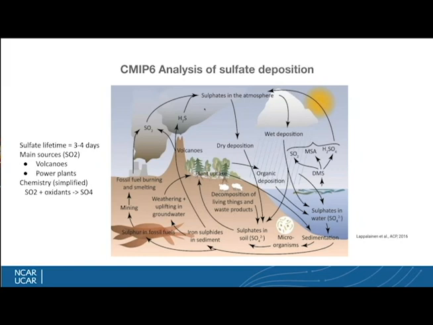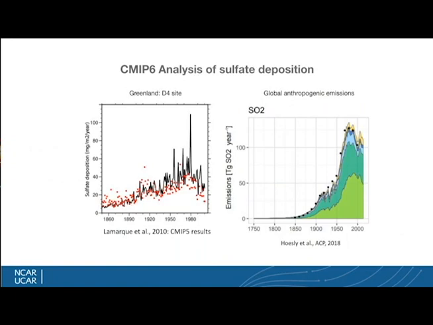So one thing that I did 10-ish years ago was to start looking at ice cores, because as you can expect, even with a lifetime of 3-4 days, there will be enough sulfate to reach Greenland, for example. And then we can start using ice core measurements.